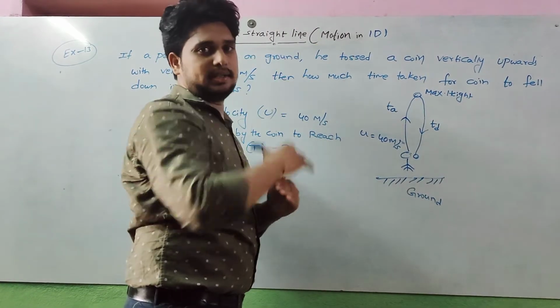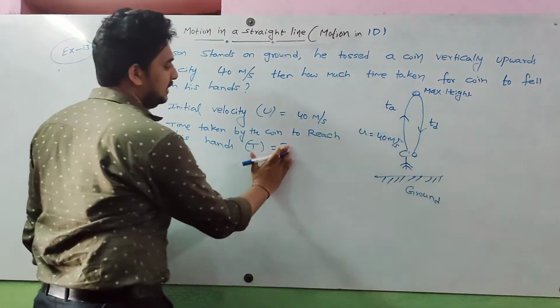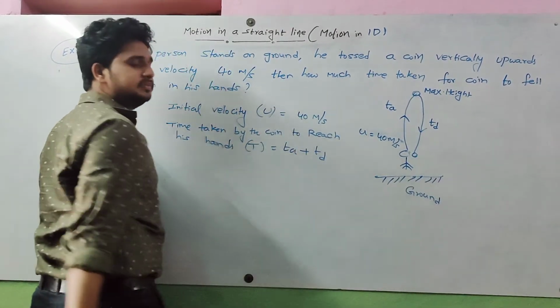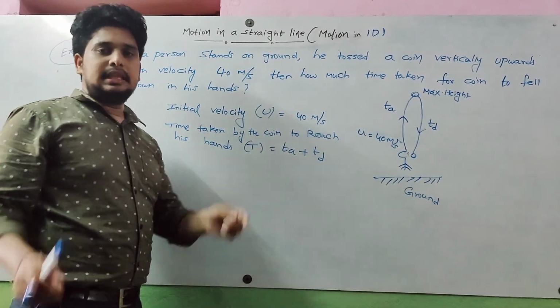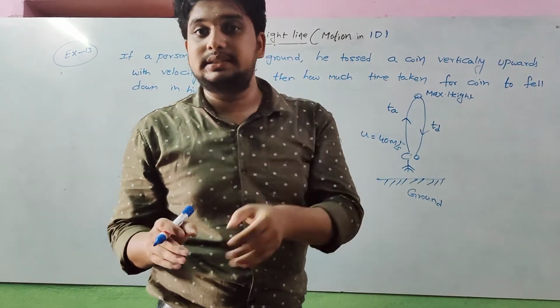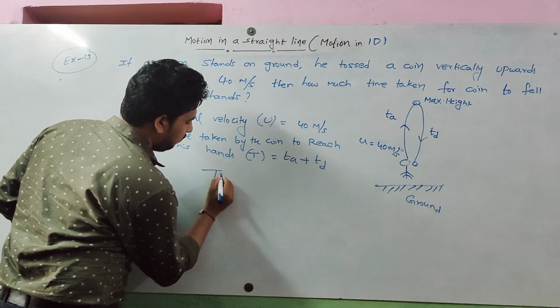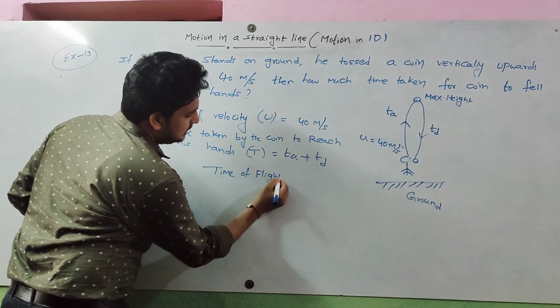Total time we want. That means time of ascent plus time of descent. This total is called the time of flight.